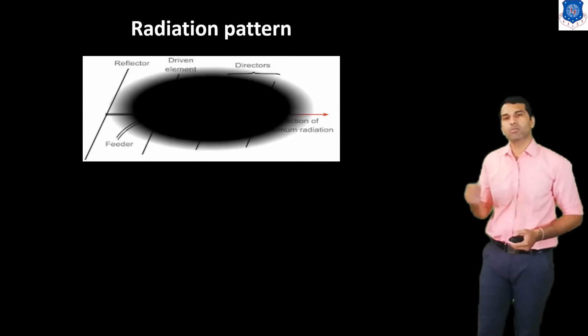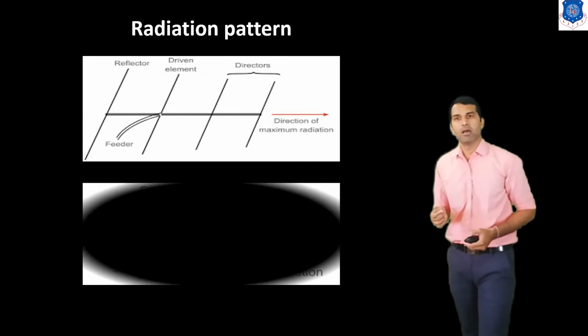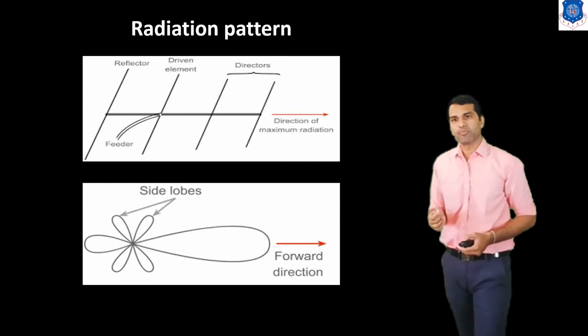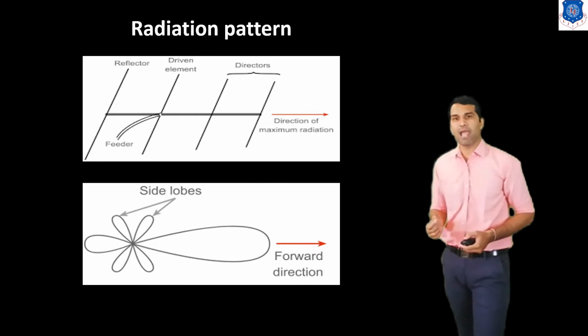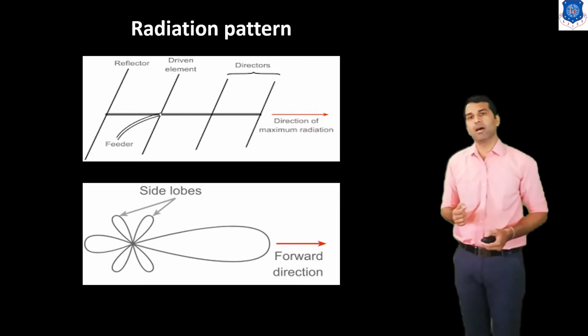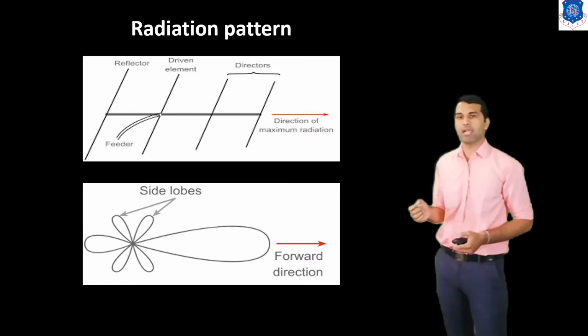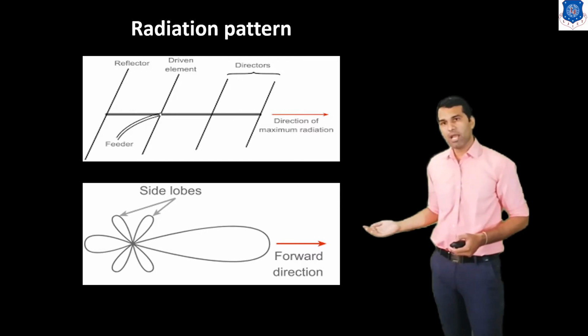Now we discuss the radiation pattern of this Yagi-Uda antenna. The Yagi-Uda antenna is known as a directional antenna, and we know the radiation pattern of a directional antenna. The Yagi-Uda antenna radiation pattern is just like this.